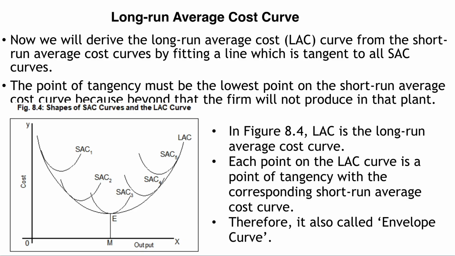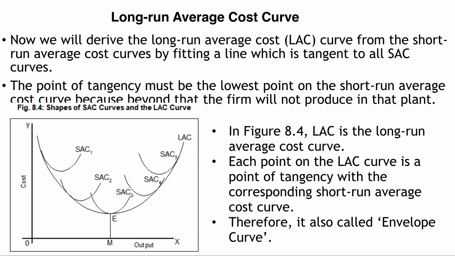Now, we will derive the long run average cost curve, LAC, from the short run average cost curves by fitting a line which is tangent to all short run average cost curves, that is SAC curves. The point of tangency must be the lowest point on the short run average cost curve because beyond that the firm will not produce in the plant.